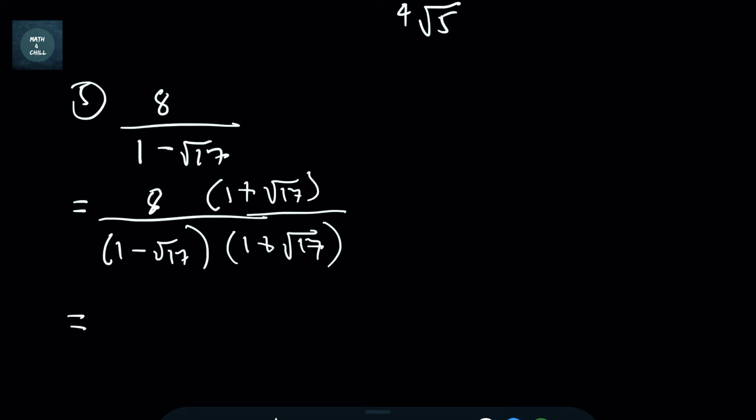So we simplify this one. This is just the product of the sum and difference of binomials. So we just multiply this one.